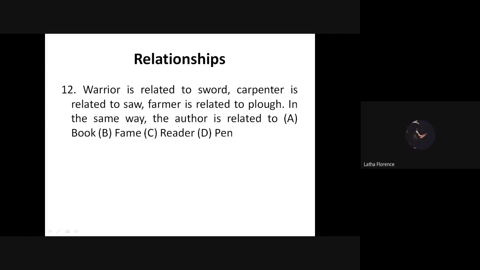Pen, sir. Book. Author, book. Okay, pen. Then it refers to the tool they are using. Author means it is pen. Reader means it is book. Understood? Yes, sir.